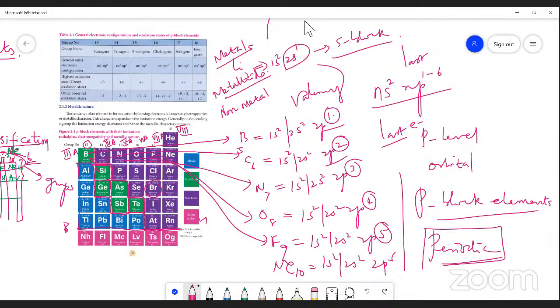So without the P block elements, nothing can survive. Without oxygen, without phosphorus, without nitrogen. About 78% of the atmosphere contains only nitrogen, and about 21% contains oxygen.